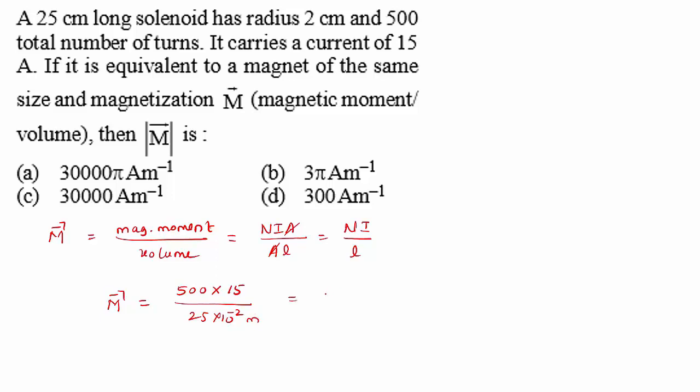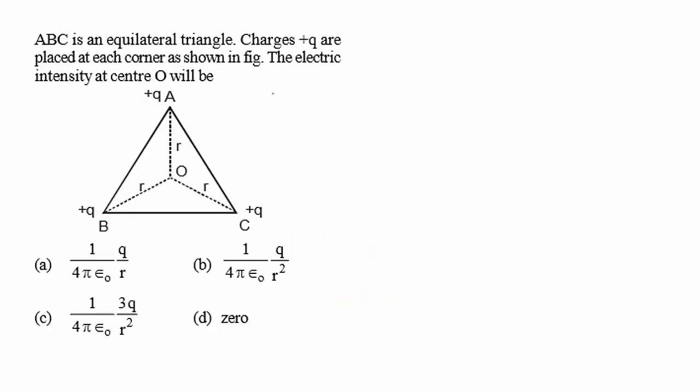We will get magnetization M equal to 30,000 ampere per meter. So magnetization, the value is 30,000 ampere per meter. Option C is right.